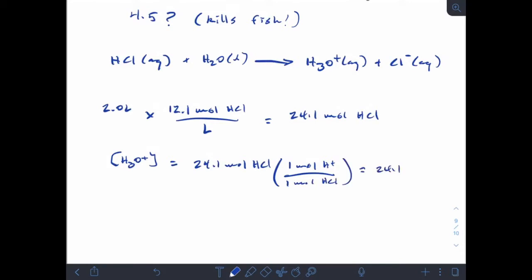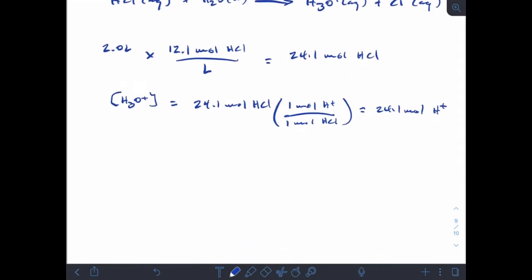So I have 24.1 moles of H+. Remember I said that H+ and H3O+ were kind of interchangeable. So that tells me how many moles. That's not the concentration of H3O+. That's important.